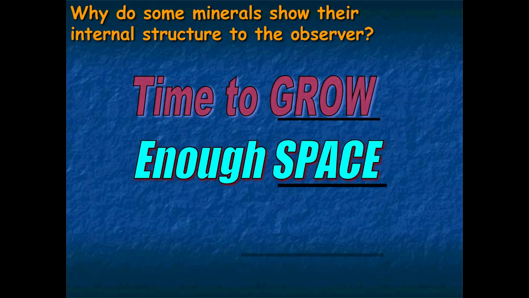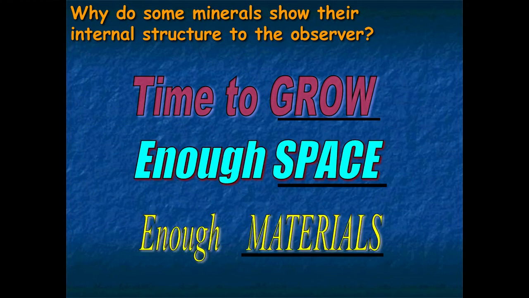And then the last condition must be enough materials. So again, in order to show the internal structure in hand specimen, the conditions must be time to grow, enough space, and enough materials. And if one of these conditions is missing in nature, you're not going to see those nice internal structures.